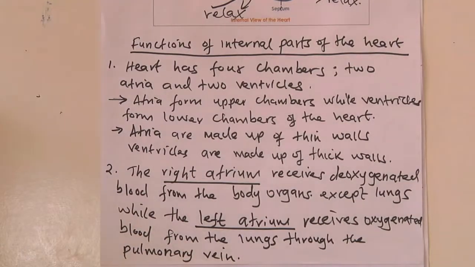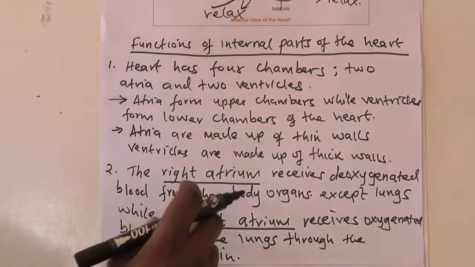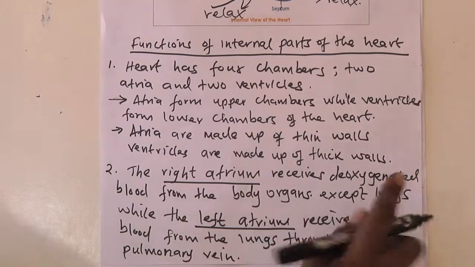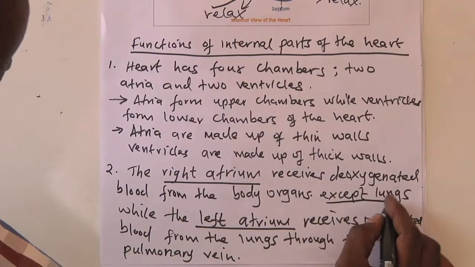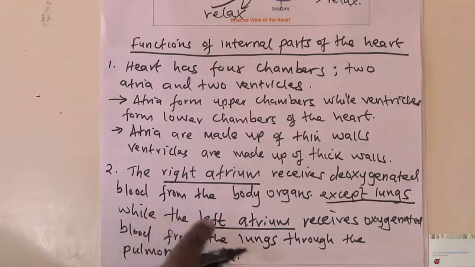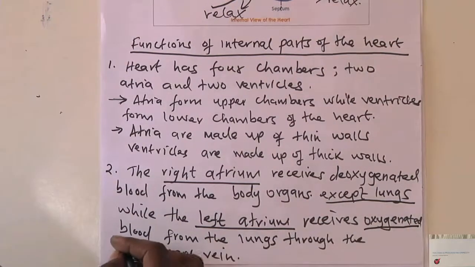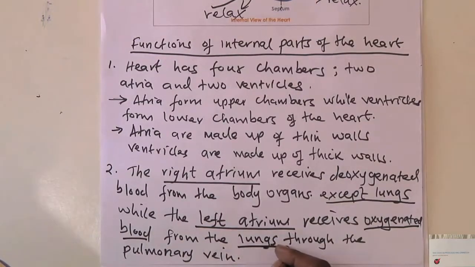That is the function of the atria. The right atrium receives deoxygenated blood from the body organs except the lungs. That is a very key point. While the left atrium receives oxygenated blood from the lungs through the pulmonary vein.